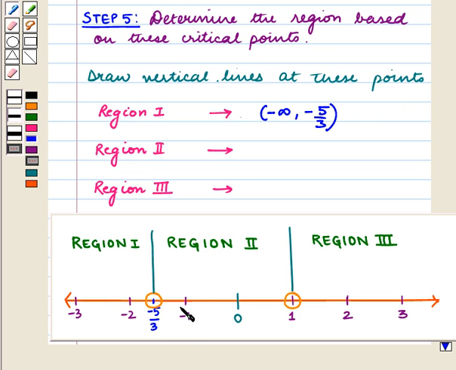Region 2 with values lying between minus 5 by 3 and 1, that is open interval minus 5 by 3, 1, and region 3 with values greater than 1, that is open interval 1, infinity.